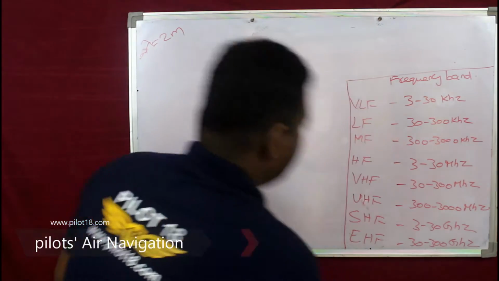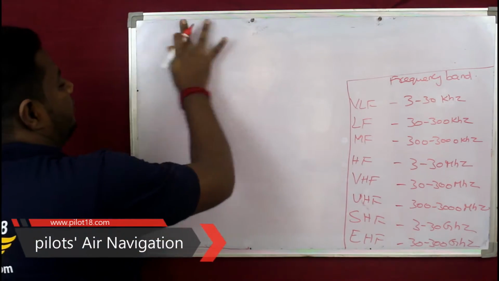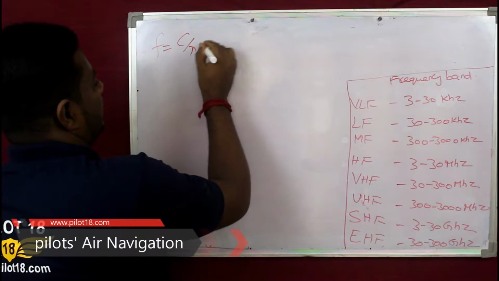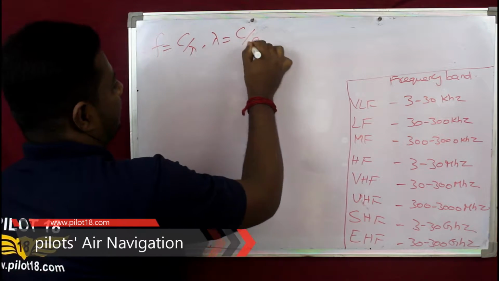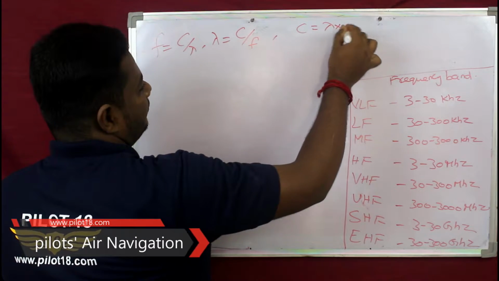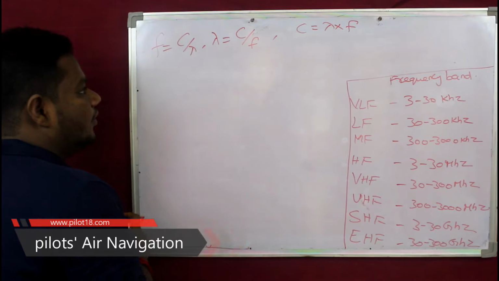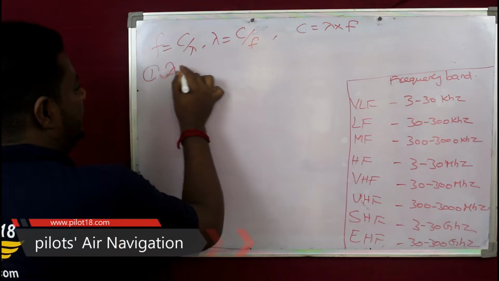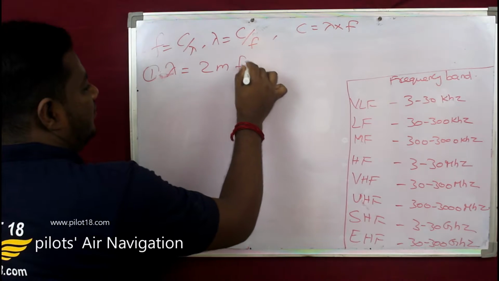Now let's see the relationship between frequency and wavelength. F is equal to C by lambda, lambda is equal to C by F, and C equals lambda times F. First question: wavelength lambda equals 2 meter. Find frequency.